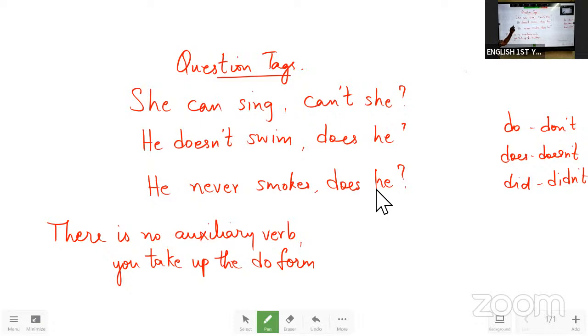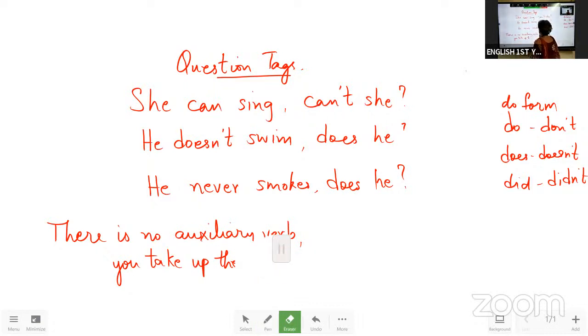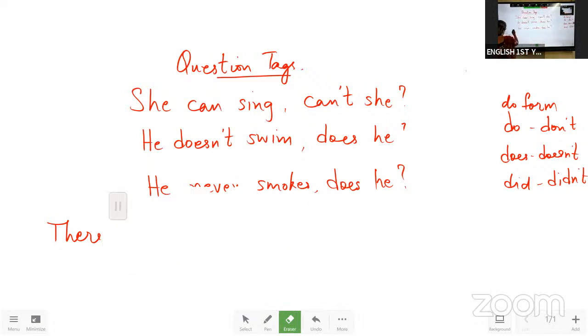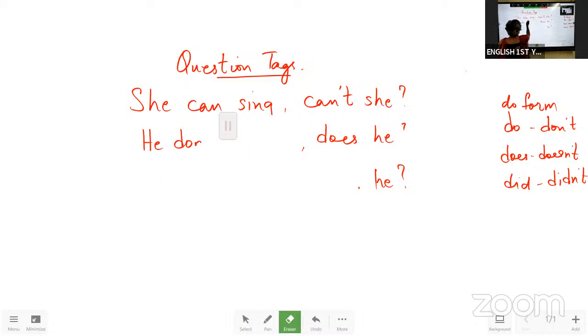But when there is no auxiliary verb, you take the appropriate do form, whether it is positive or negative. So practice a lot, children. It looks very easy when we explain to you. It's only when you write that you have lots of doubts.